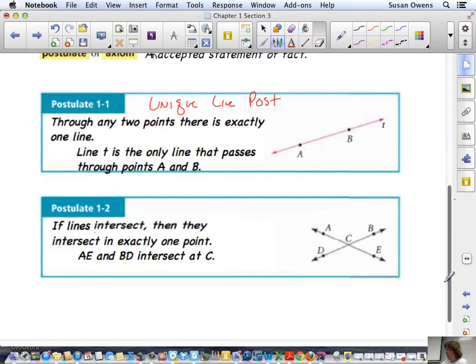So we have 2 lines here, and let me draw the little line symbols above them: AE and BD, and they intersect at C. This one I like to call the intersecting lines postulate. You'll find that some of these already have a name, in the same type as the book has.